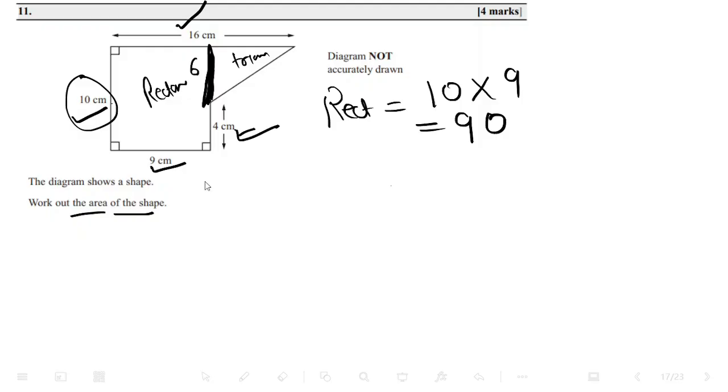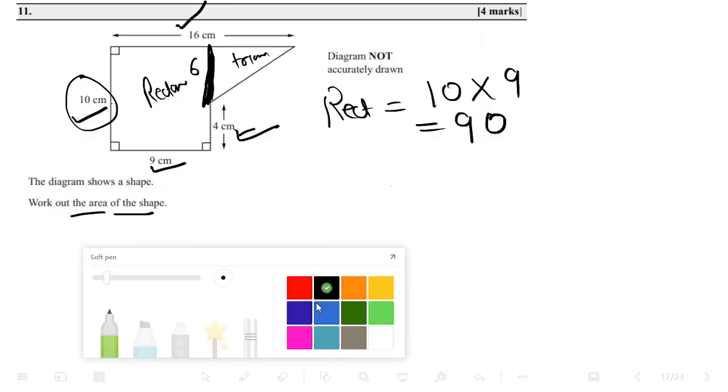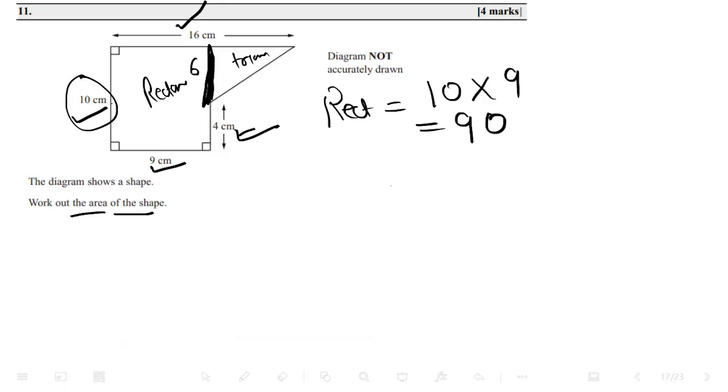Now see what we are going to do. Now this is the tricky part. This side of the triangle is known, but this side is not known.